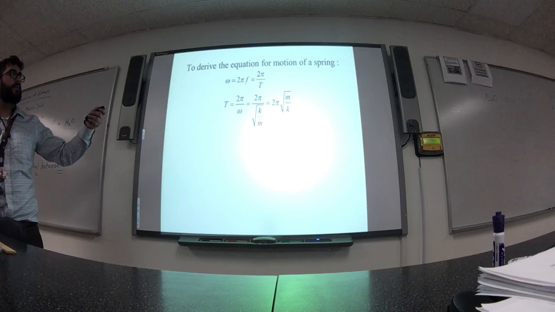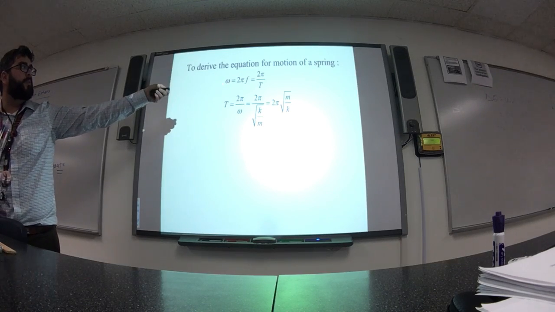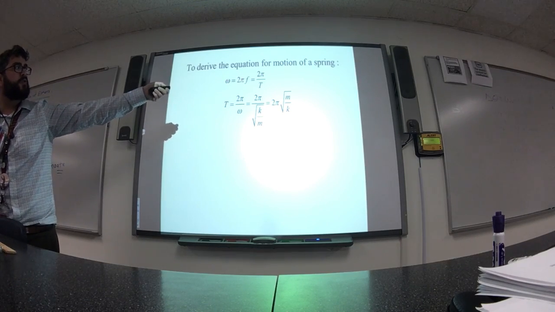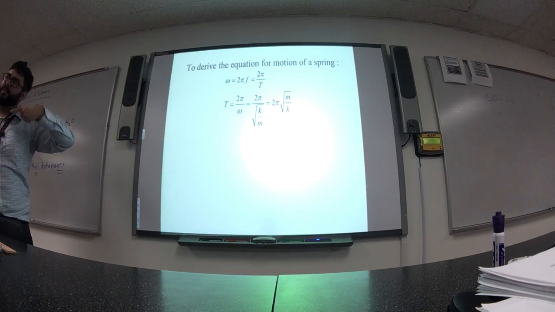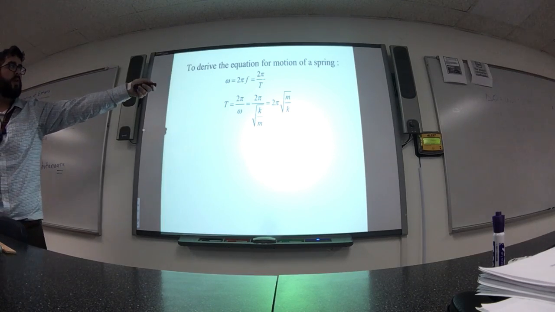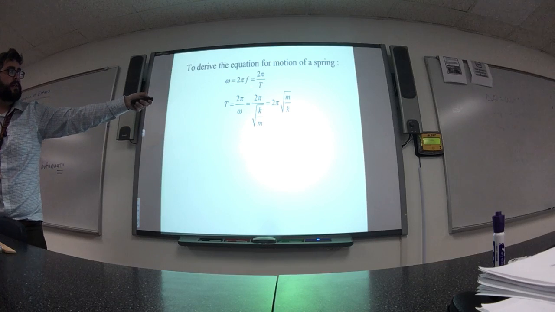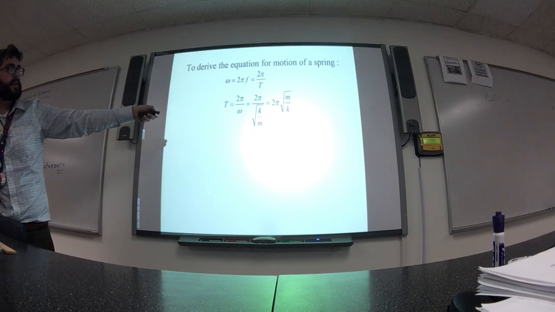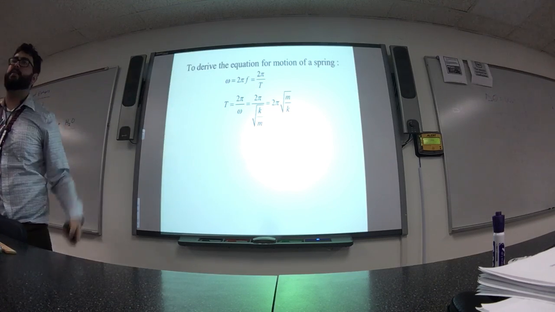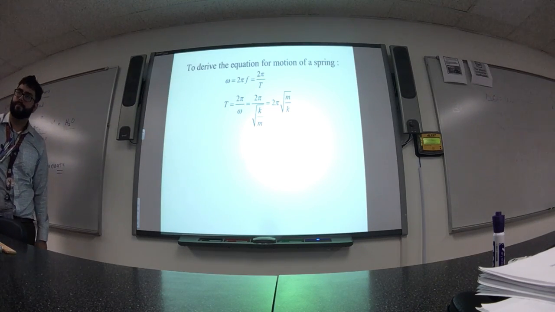Well, if I work my way backwards, we said before that omega, that angular speed, was 2 pi f. I can replace that with 2 pi over period, right? And if I follow through with the algebra and isolate for period, and then make that substitution back out to get rid of omega, I'll end up getting the exact equation that we had before.